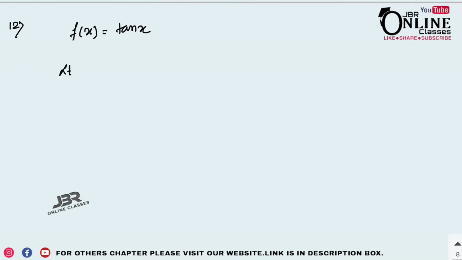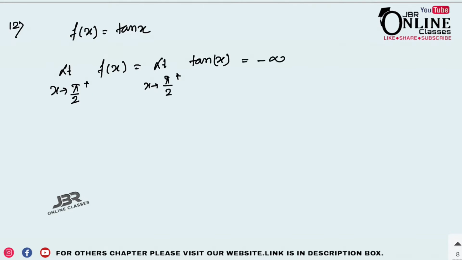So for the right continuity, limit x tends to pi by 2 plus f(x) equals limit x tends to pi by 2 plus tan x, and that one equals minus infinity.